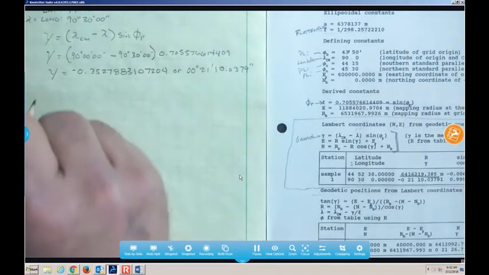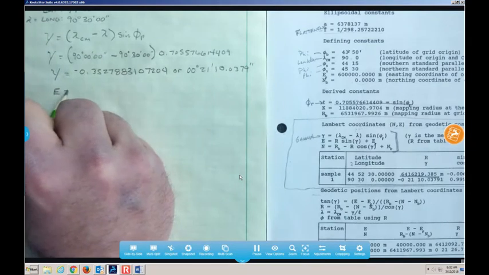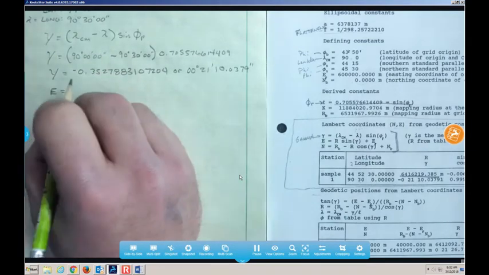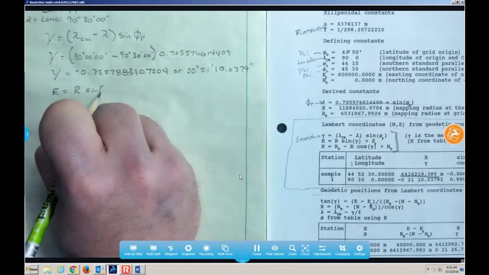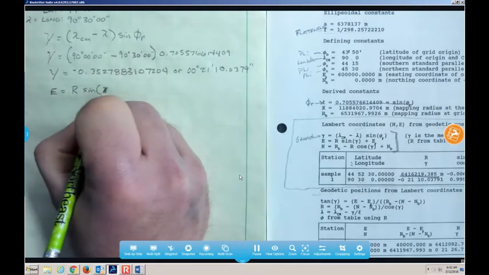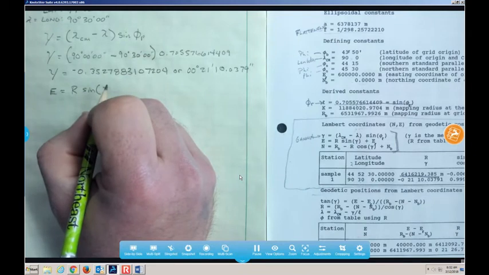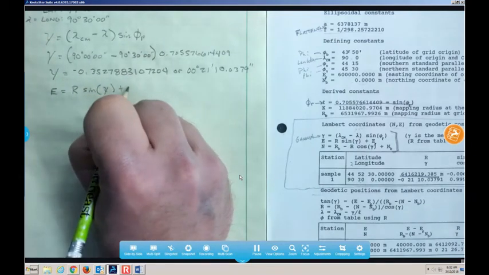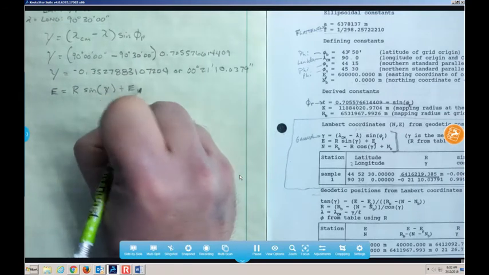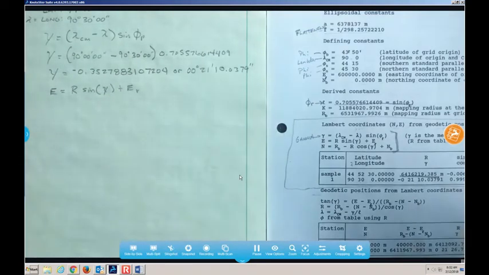So the next thing we're going to solve for is E. So E is equal to, from the formula, R sine of gamma plus E sub R. Okay?